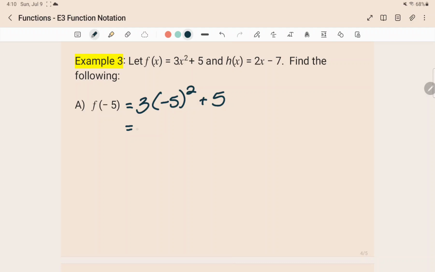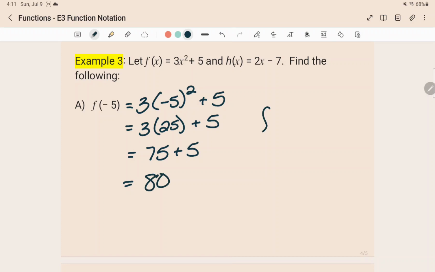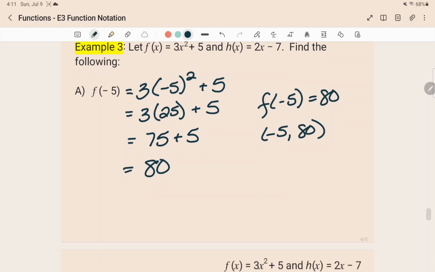I just need to simplify. 3, negative 5 quantity squared is going to be 25, and then plus 5. 3 times 25 is 75, plus 5, and that gives me a grand total of 80. So remember what that means. F of negative 5 equals 80 means that the point negative 5, 80 is on the graph of f of x. Let's try another one.